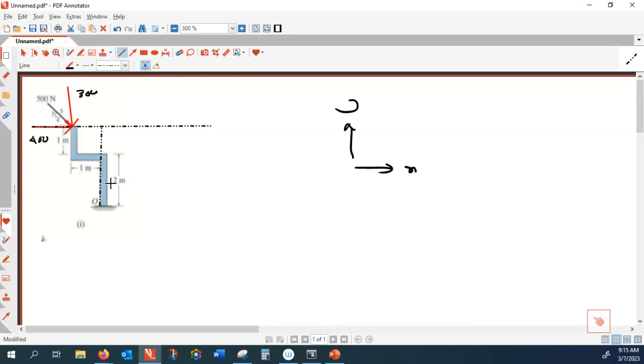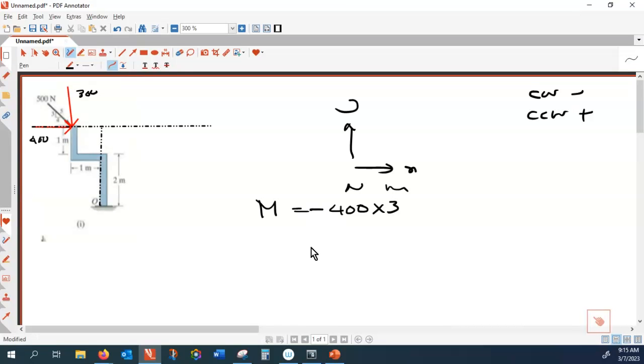Is this going to rotate my frame clockwise or counterclockwise? Okay, so we just assume that clockwise is negative and counterclockwise is positive. So my magnitude of moment for the first component is 400 times 3. That is Newton, this is meter, and the sign is negative because that's clockwise.